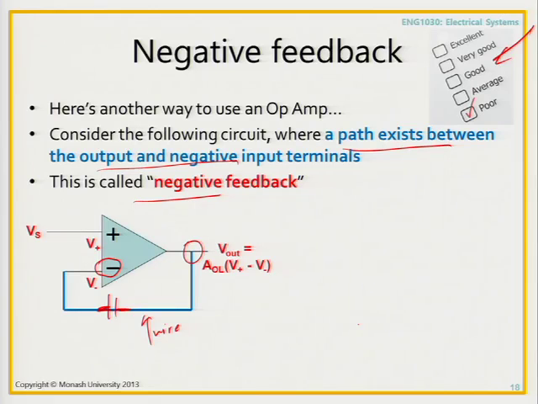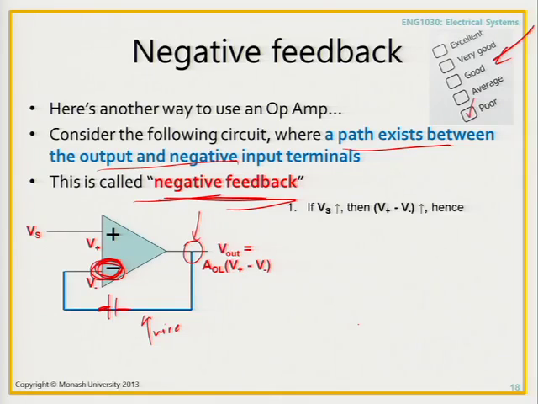So anytime current can flow from the output terminal all the way back to the negative input terminal, and that's really important, it has to be the negative input terminal, this is called negative feedback. So remember that, because if you see an op amp which is in negative feedback, you can do some really useful things in terms of calculations.